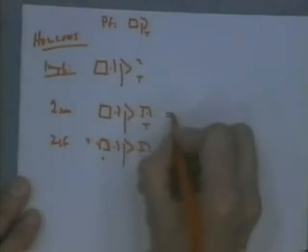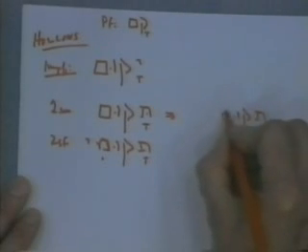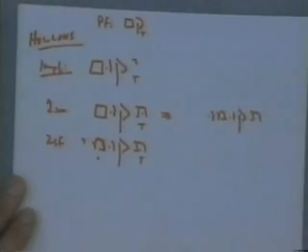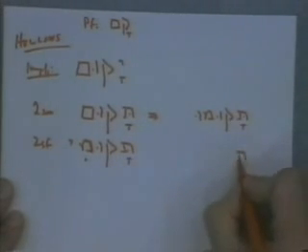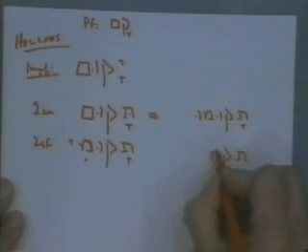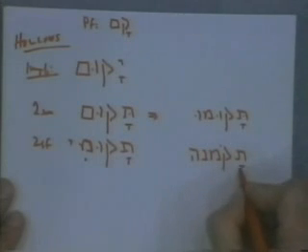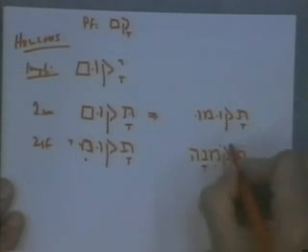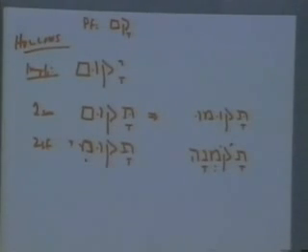The plural of taqum will be taqumu. And this one is a little odd because you lose the mater letter, but you still get the O vowel. Taqomna. Taqomna. There are the imperfects of the hollows, all right?